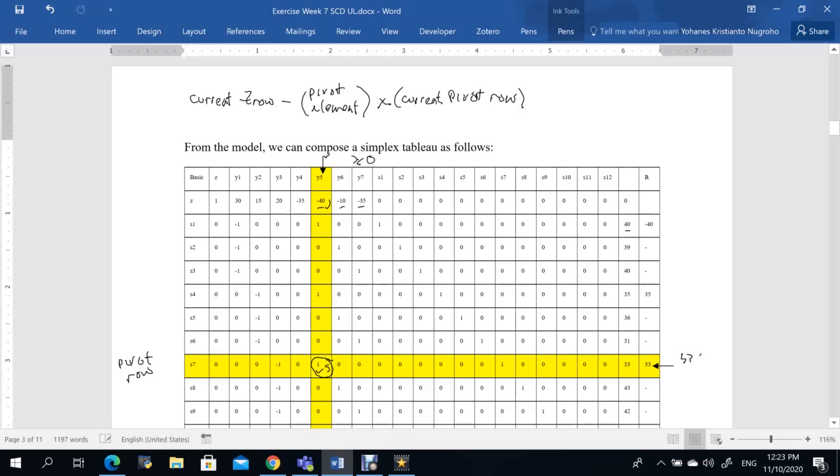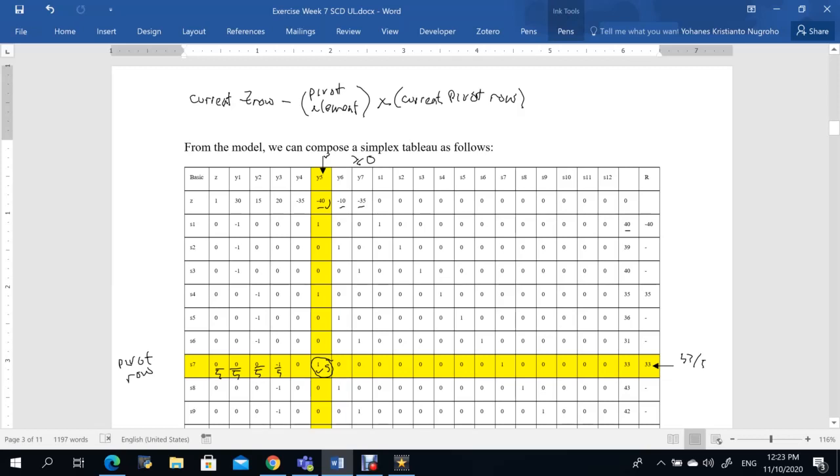Here, for example, 35 by 5, 0 by 5, 0 by 5, 0 by 5, 1, minus 1 by 5, and so on. However, in this case, the value of the pivot cell in our pivot row is already 1, and therefore we don't have to change these numbers. Instead, we can use them directly to calculate the new values in our Z row, right?